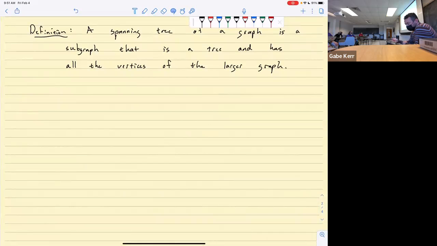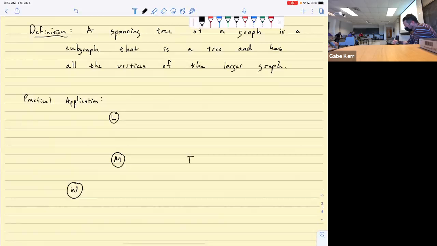So let's look at this practical application. Last time, I had this map I drew, which I'll draw again. These cities, and we put weights on them.